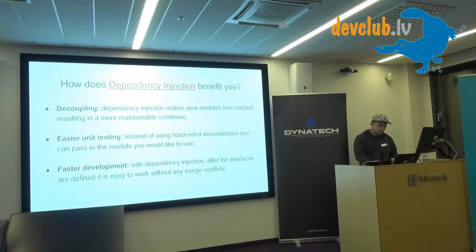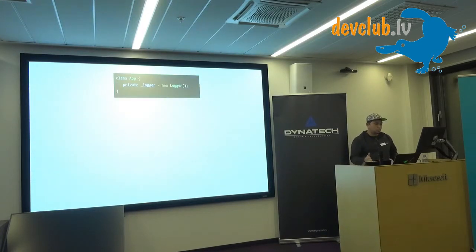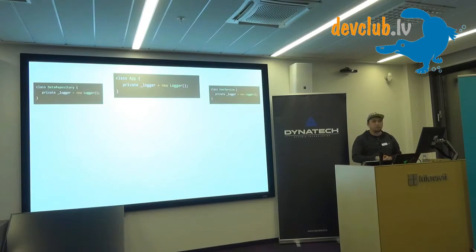So let's look at a simple example. Let's say we have this application class, and as you can see, we are instantiating a dependency from within the class. In this case, it's a logger. We then implement this throughout our entire code base. You don't have to be a genius to figure out that this is actually a bad idea.